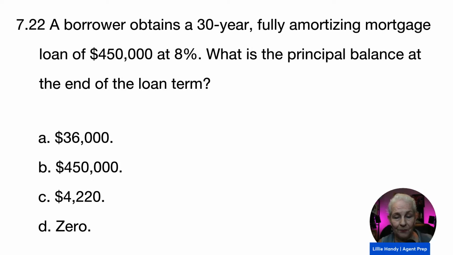It's 0, right? Because it says it's a fully amortized mortgage loan of $450,000. What is the principal balance at the end of the 30 years? The balance is 0.